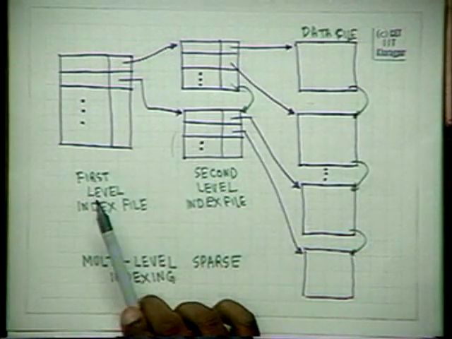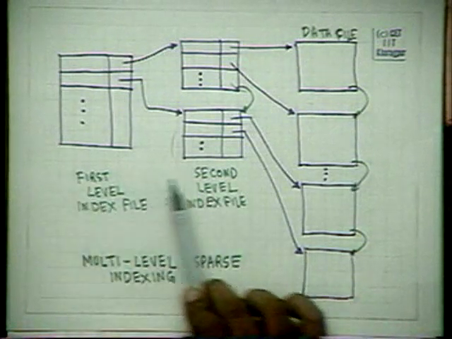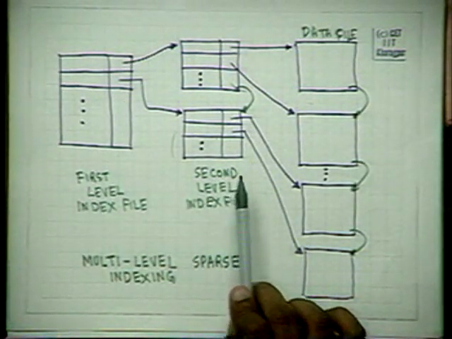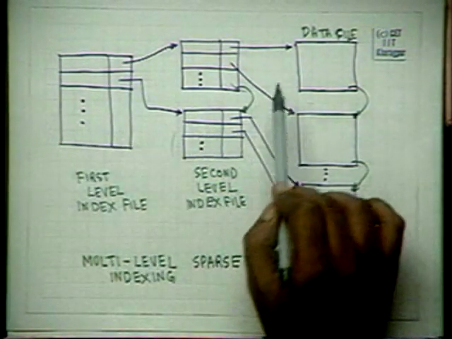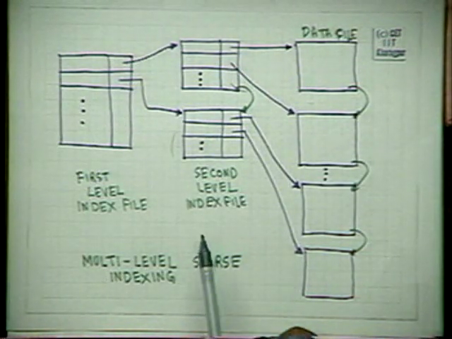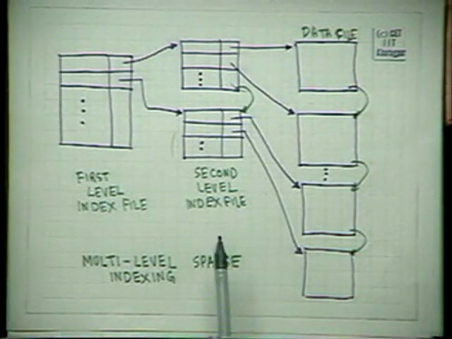B plus trees are structures which maintain a dynamic number of levels, and the distribution is such that they are always equally distributed. That we will come to later on. But in many cases, you have a single level or 2 level fixed indexing scheme also.